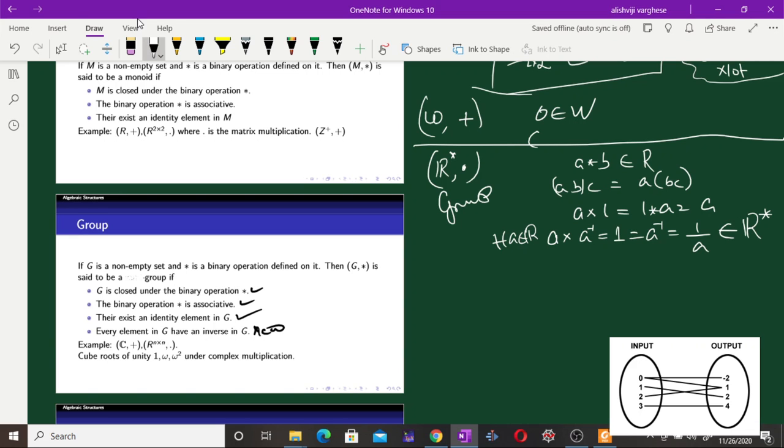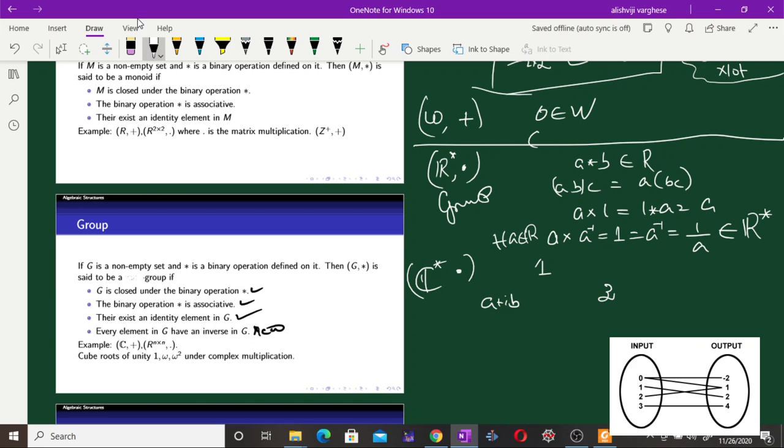In a similar way, we can prove that the set of all complex numbers except 0 is a group, and the identity element is obviously 1. If a plus ib is a complex number, we can find its inverse.